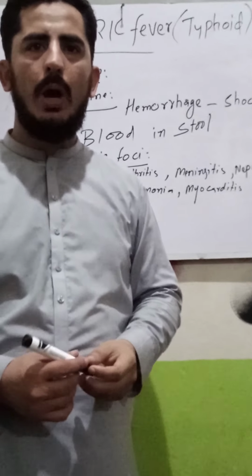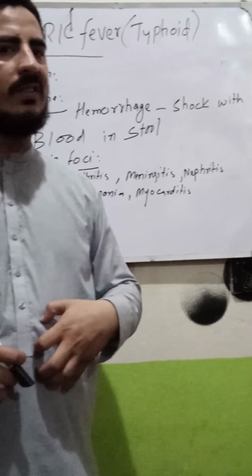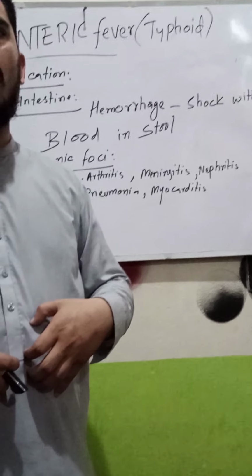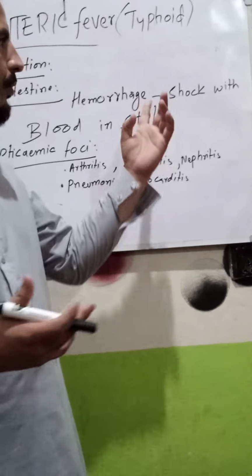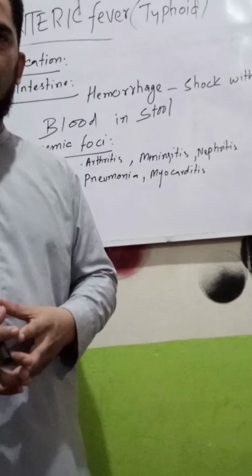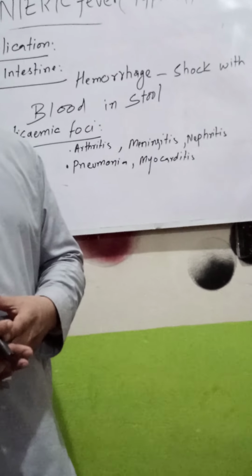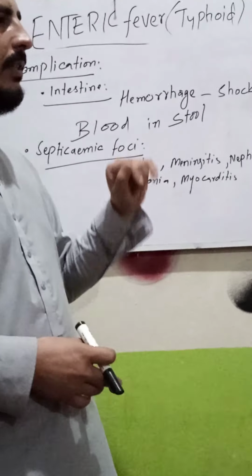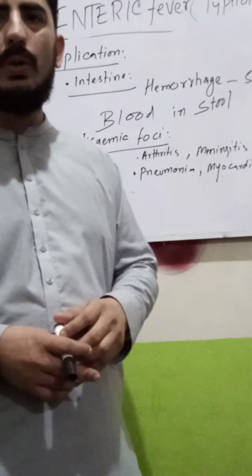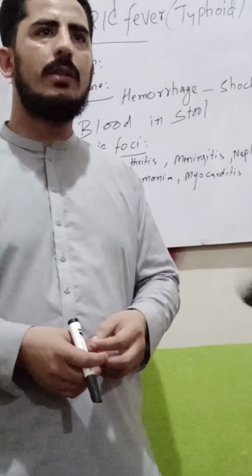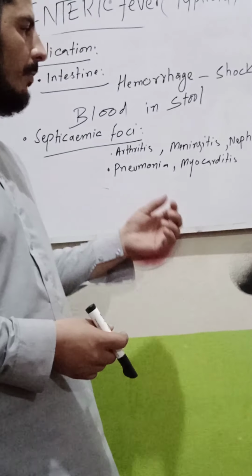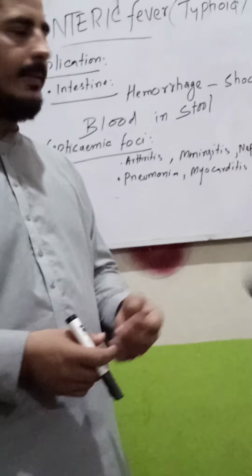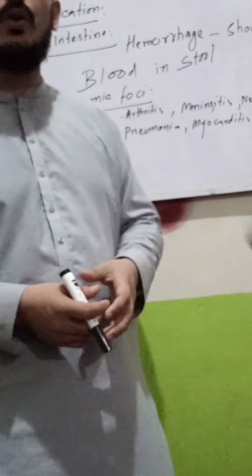Some problems may occur in the intestine of a patient, such as intestinal hemorrhage. What is hemorrhage? Shock with blood in the stools. Another complication of enteric fever is septicemic foci, which may include arthritis, meningitis, nephritis, pneumonia, and myocarditis.